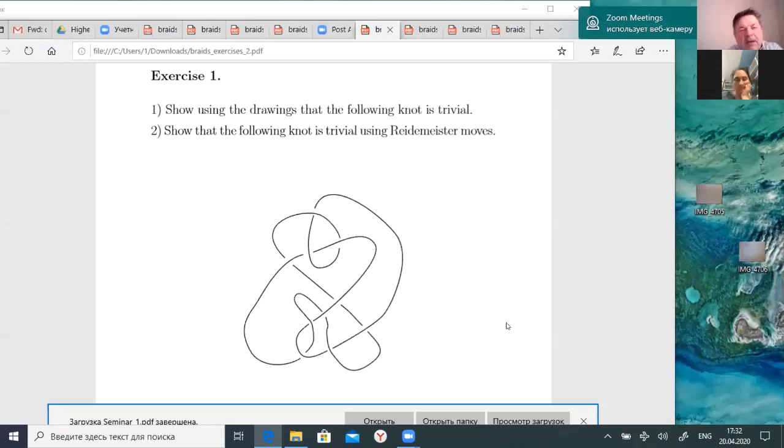But at first, can you show this by moves, by isotopy? Can you show by isotopy? Just a small game for children: how to make this knot trivial.